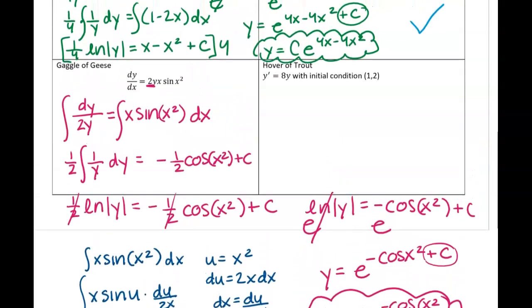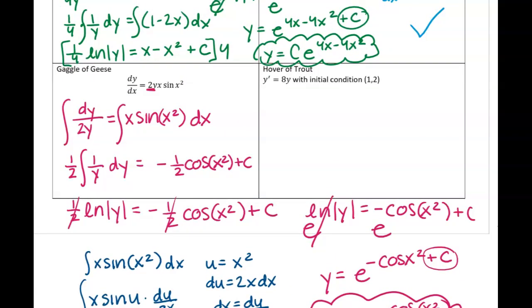I will show you this last one, hover of trout. I don't know why I said it like that. Y prime is 8y. Y prime is the same as dy dx. I'm going to divide by the y, right? And multiply by the dx. So I have dy over y equals 8 dx. Then we integrate.